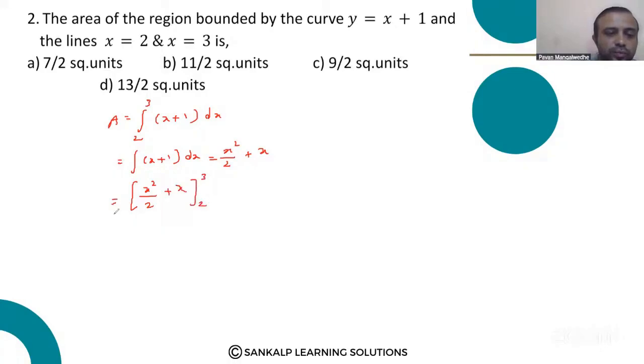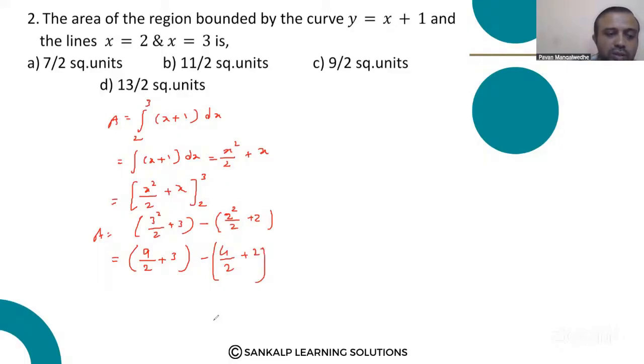It is the upper limit minus the lower limit, that is 3 square by 2 plus 3 minus, wherever x is there, substitute 2, that is 2 square by 2 plus 2.